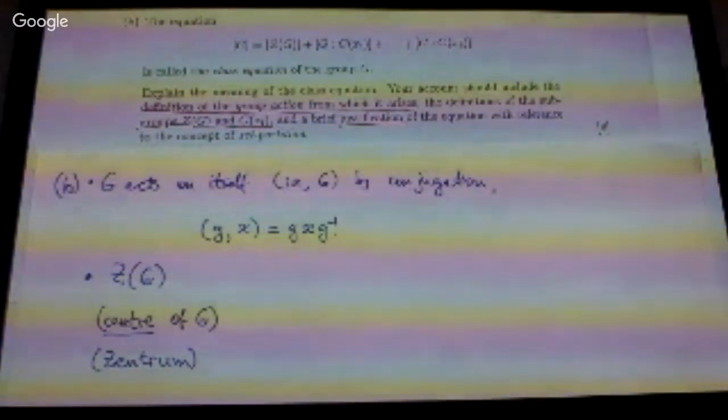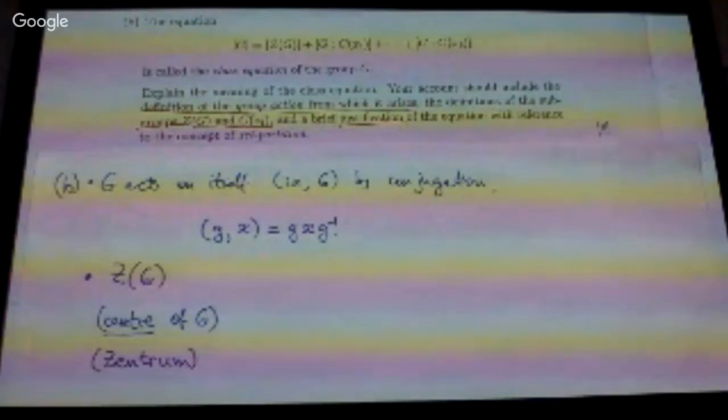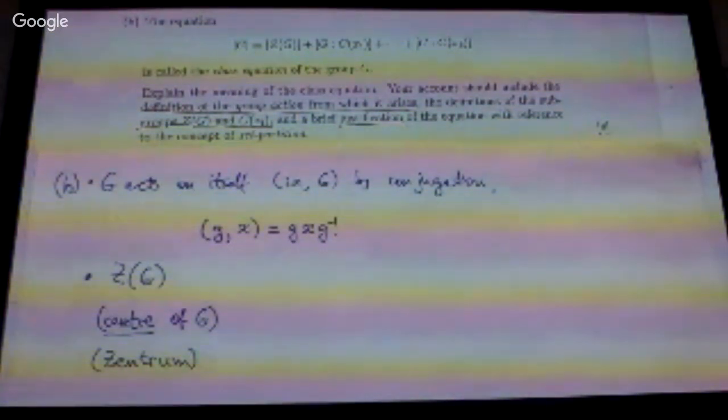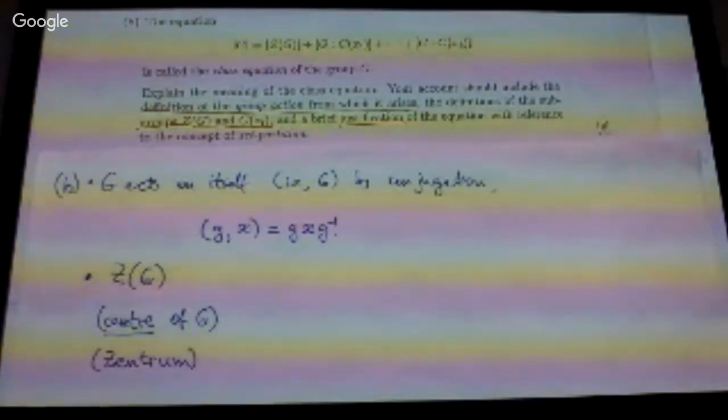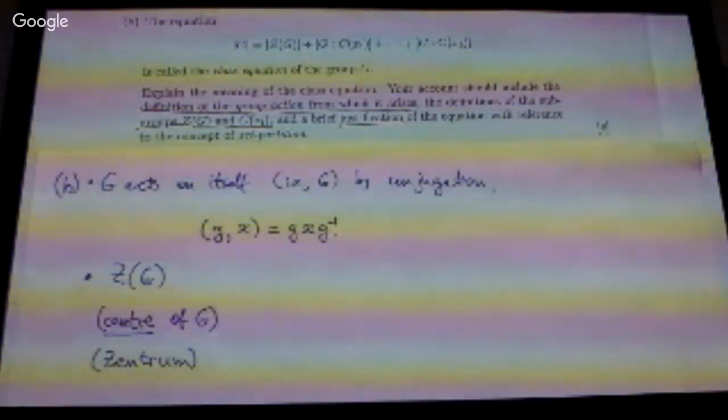And the non-trivial orbits of this action are called conjugacy classes. So what is this? These are all the elements that commute with everything.